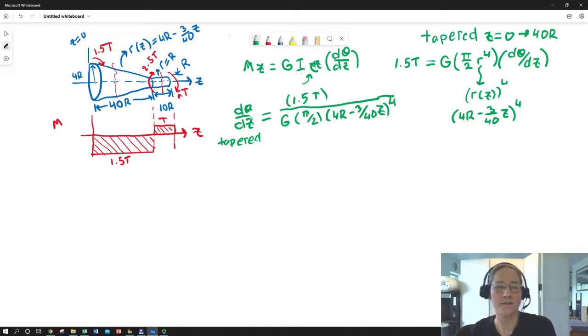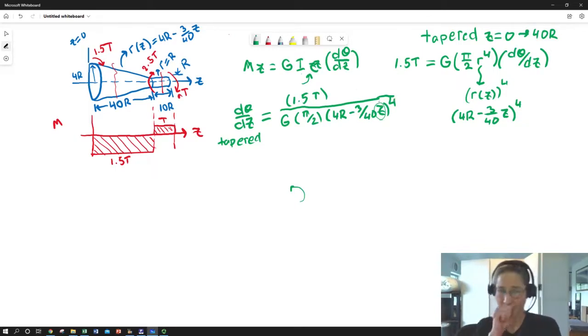So you're going to have so much of a step around the shaft for every step up, a constant pitch in terms of our rate of twist. In this case, because we have a linear taper, we're going to end up with that IZZ on the bottom, a 4th power of z. So the rate of twist is now proportional to the 4th power of our position down the shaft.